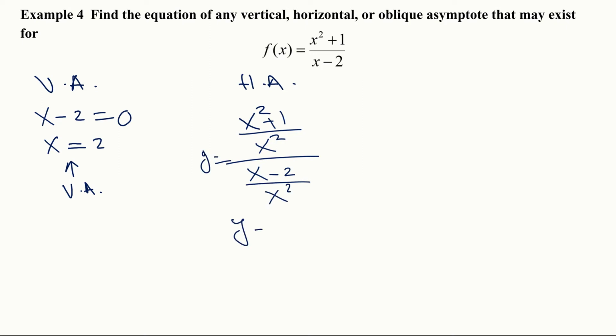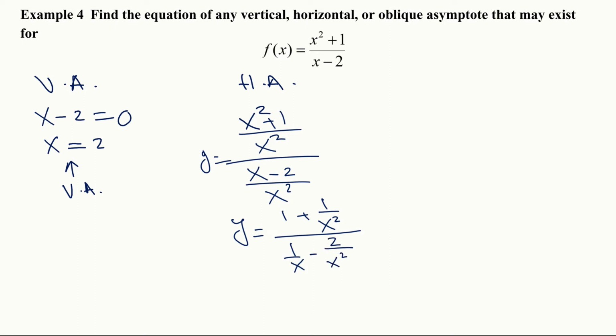So we end up with y equals 1 plus 1 over x squared over 1 over x minus 2 over x squared.